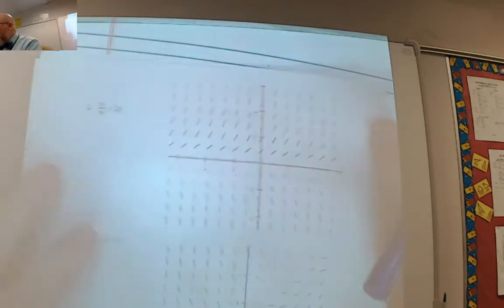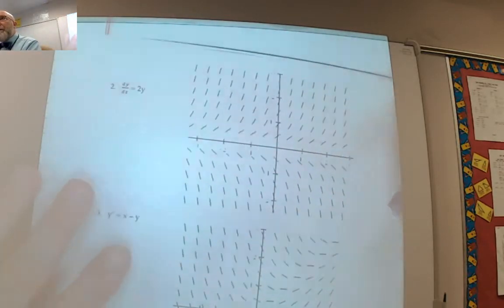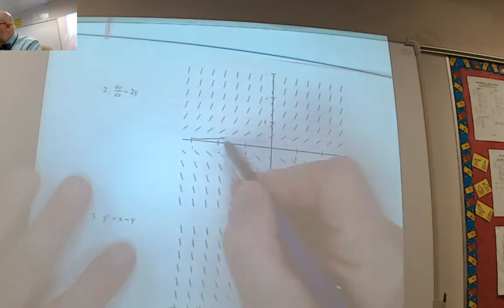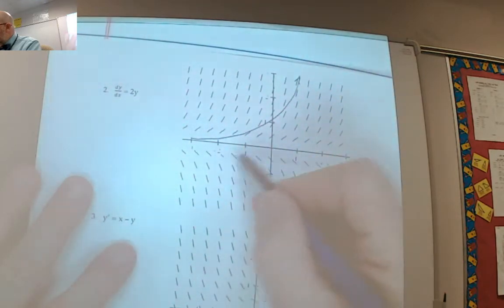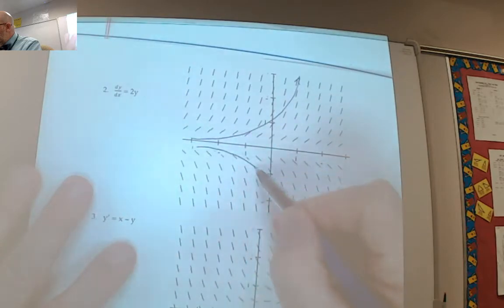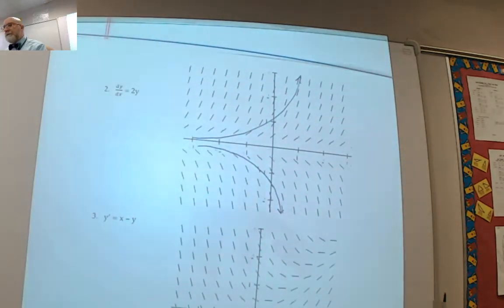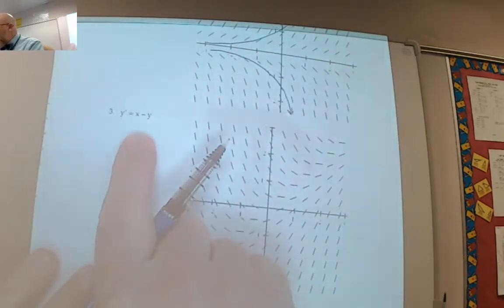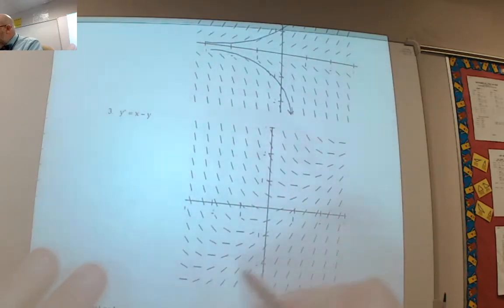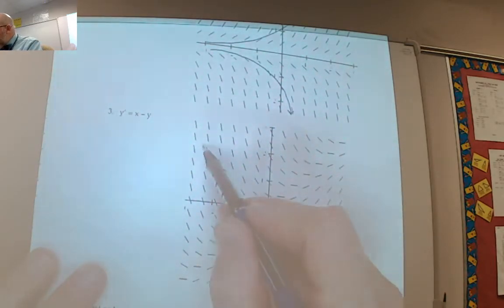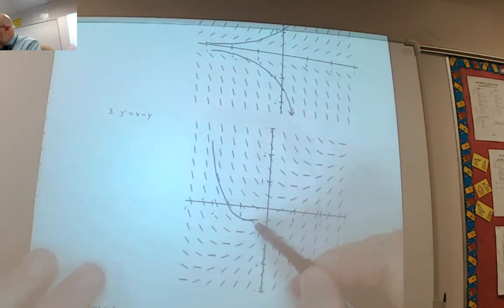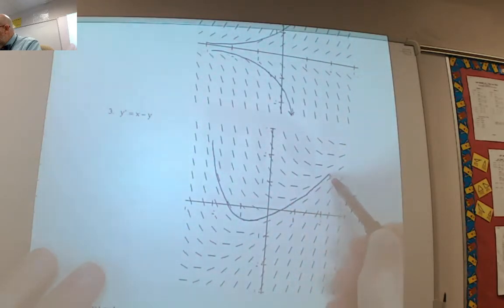So if I flip over to the next page, here's this one, and we've already done that one. That's e to some power, correct? And you can kind of see that it goes like this, somewhere like this. Here's one that we can't figure out the antiderivative to, but it kind of looks to me like it goes something like this.